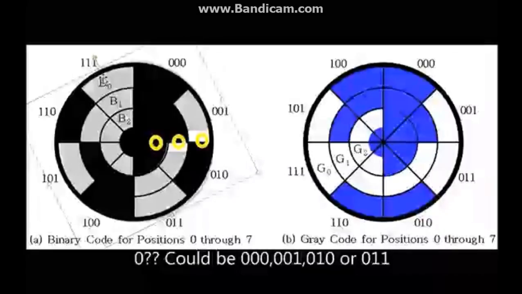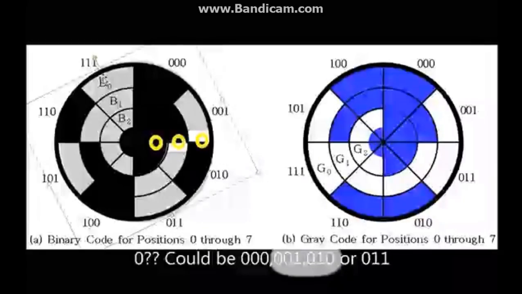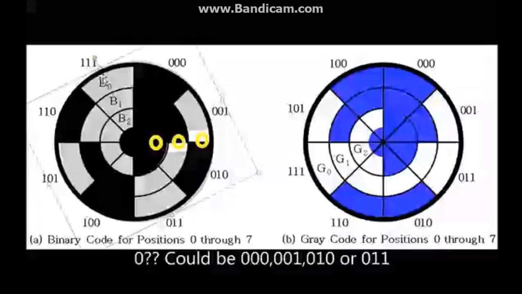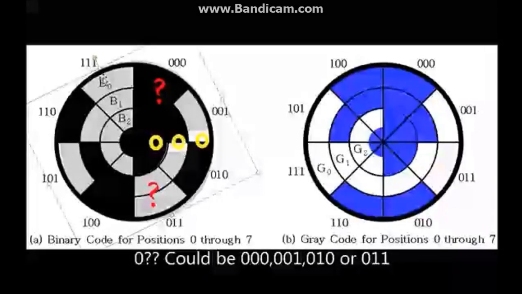Now, out of those 4 states, 2 are reasonable, that is, stepping between the values of 1 and 2. However, the other 2, 000 and 011, are definitely not what it is, and we don't want the encoder to mistakenly think that it's jumped backwards or that it's jumped over one of the segments.